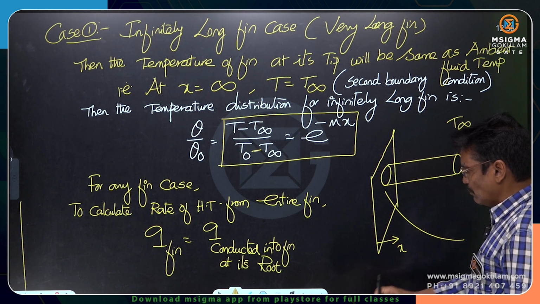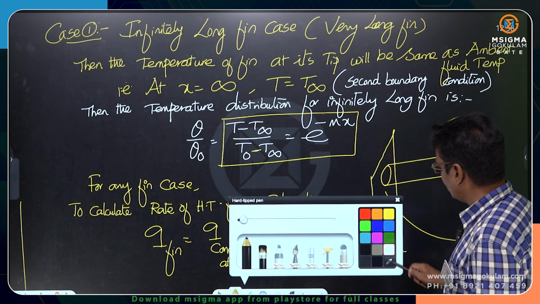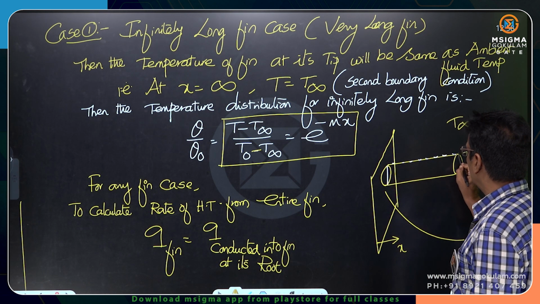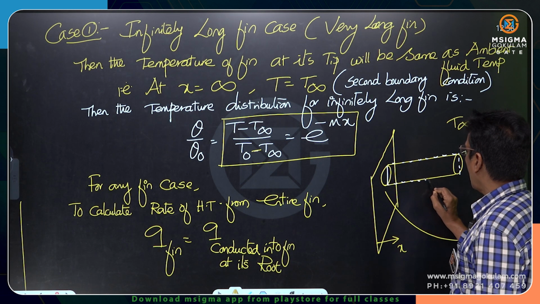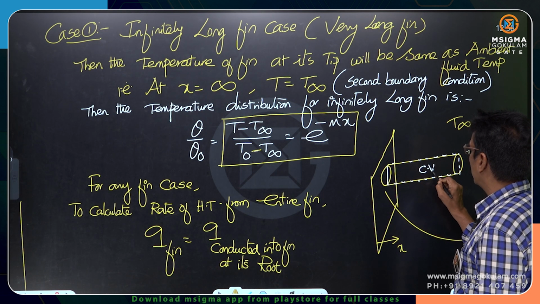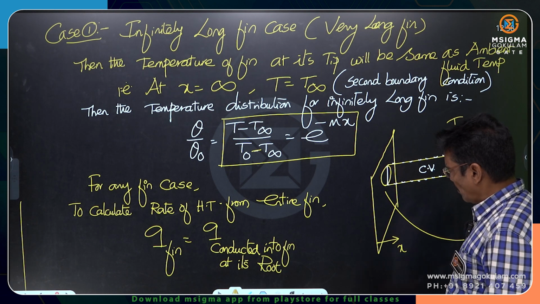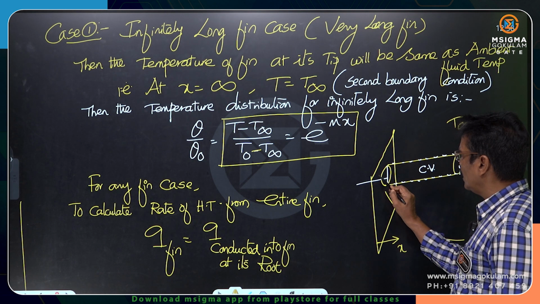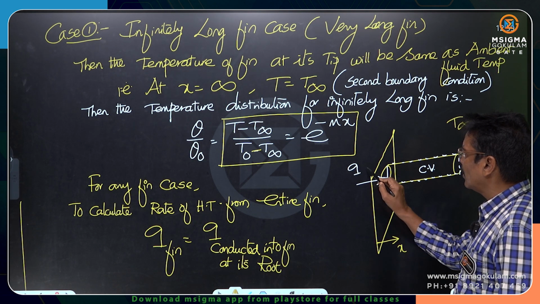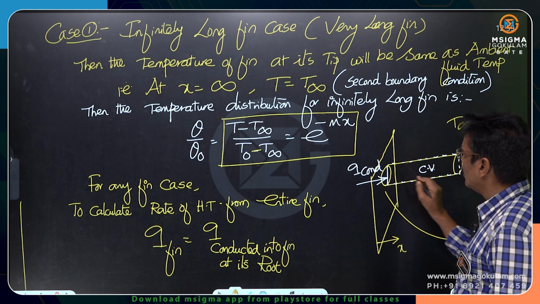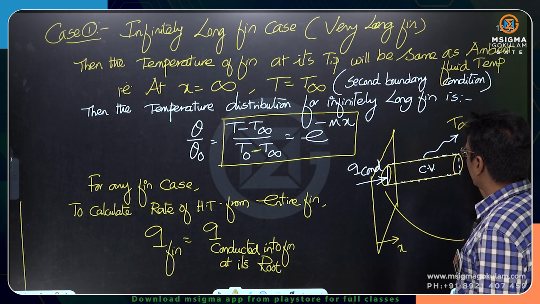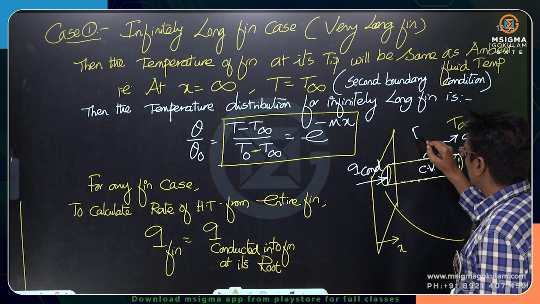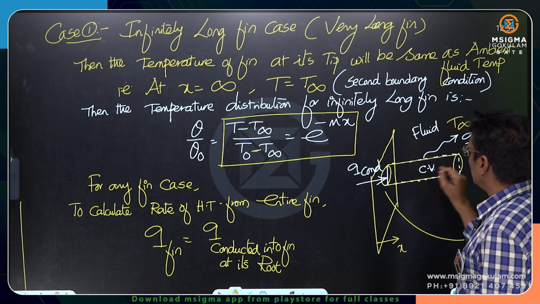If you take the entire fin as the control volume, and this control volume is under steady state, my argument here is that for steady state of this fin, whatever heat is conducted into the fin at its root should be equal to the heat convected from the entire surface of the fin to the fluid. Then only this control volume will be at steady state.